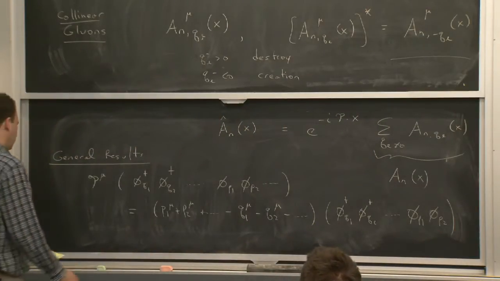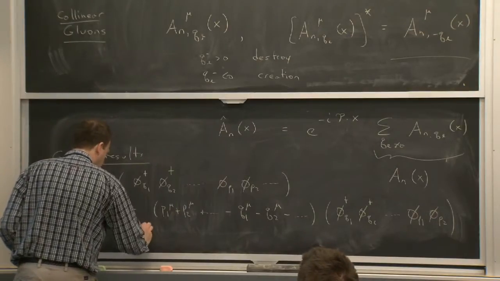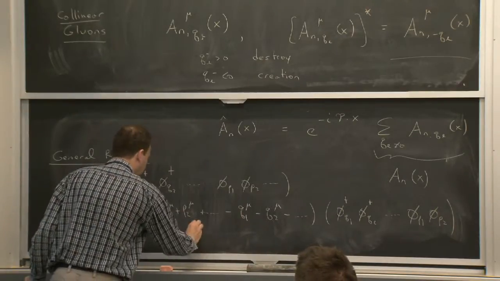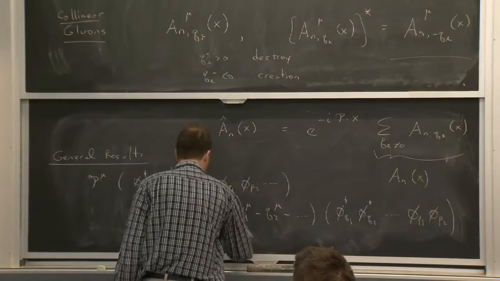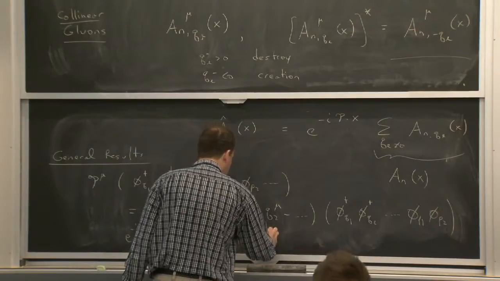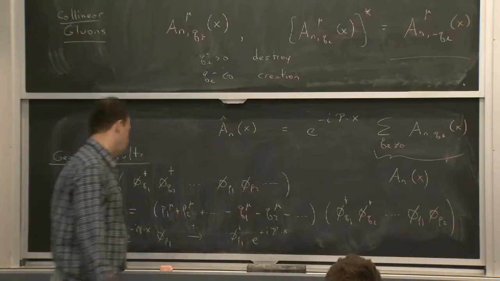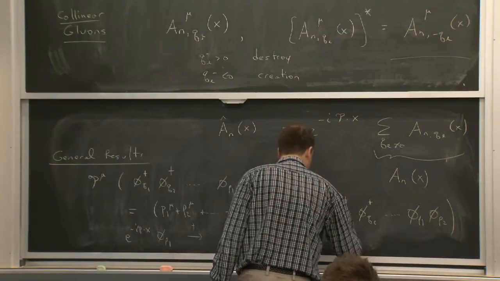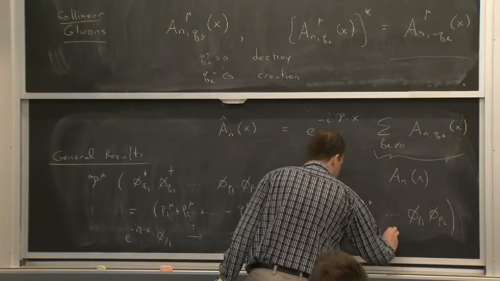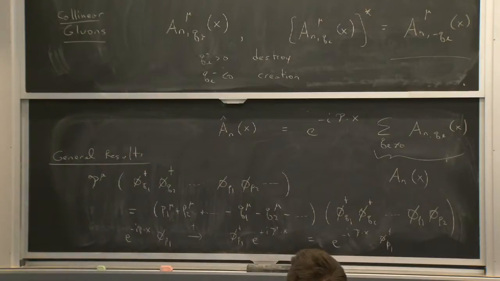The reason for that sign convention is effectively that if you think about e to the minus i curly p dot x acting on some phi of p1, and then you take the dagger of that, then it becomes phi p1 dagger times e to the plus i curly p dagger dot x. Basically, I'm saying that I want to be able to write that like this, and that convention is useful.